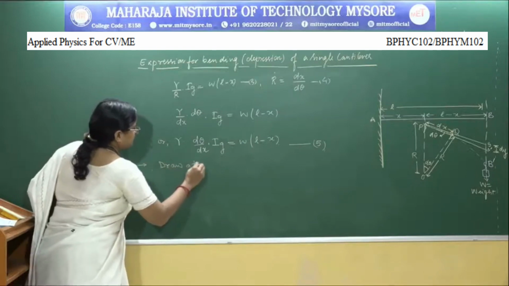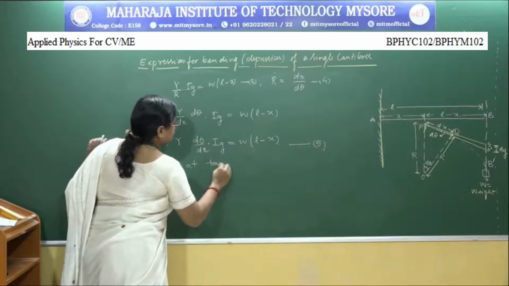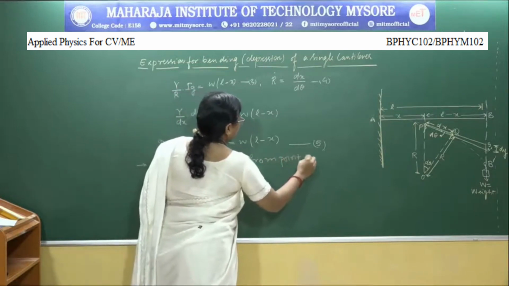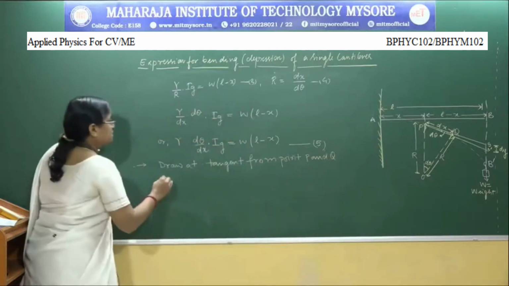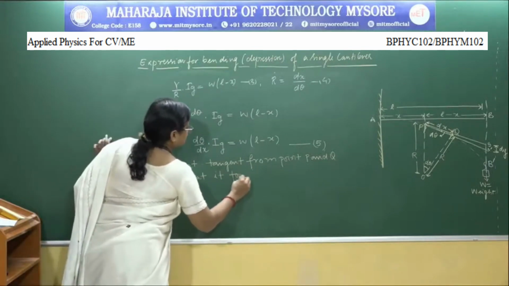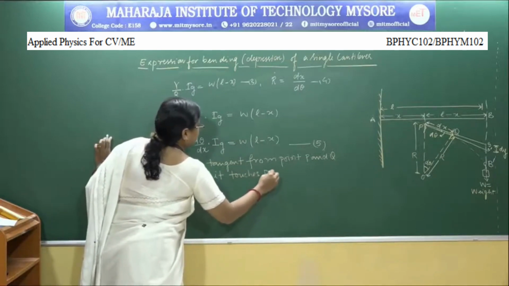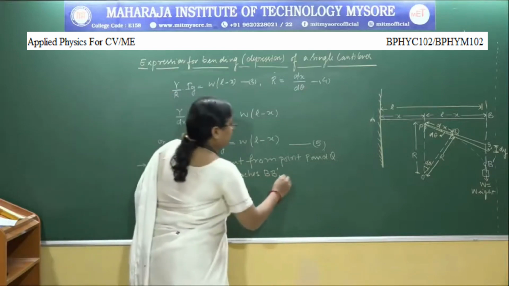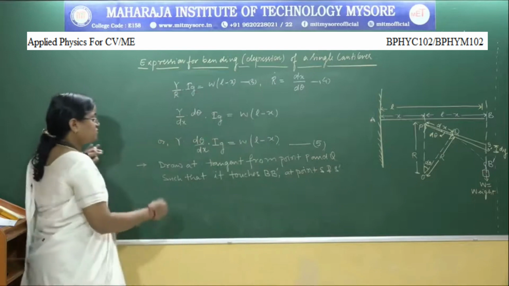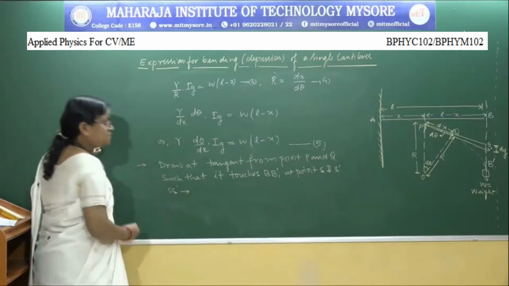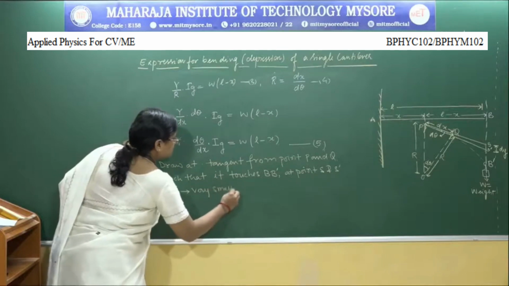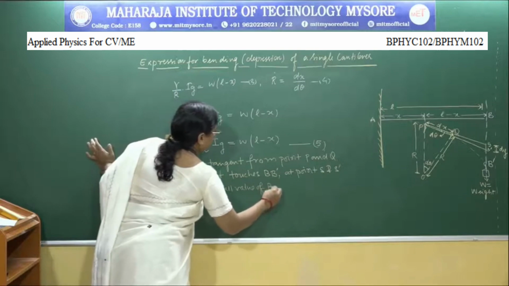Draw a tangent from points P and Q such that it touches BB dash, the bending line, at points S and S dash. So this S S dash gives a very small value of bending.